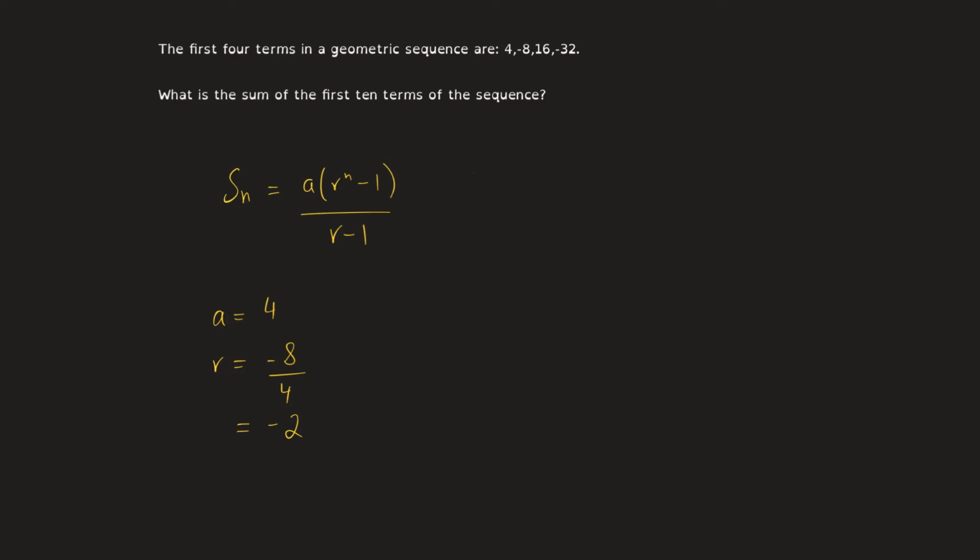So we want the sum of the first 10 terms, so S10, substituting my information in now. So r is negative 2 to the power of 10 minus 1, all over negative 2 minus 1. And when I calculate that, that's going to work out to be negative 1364.